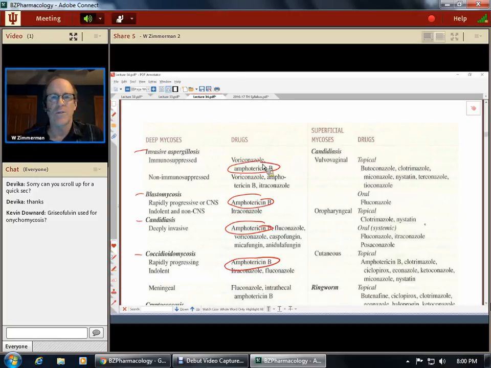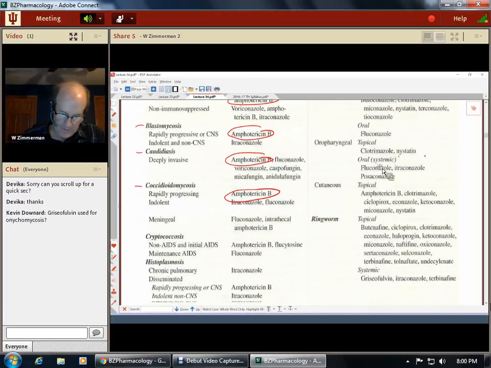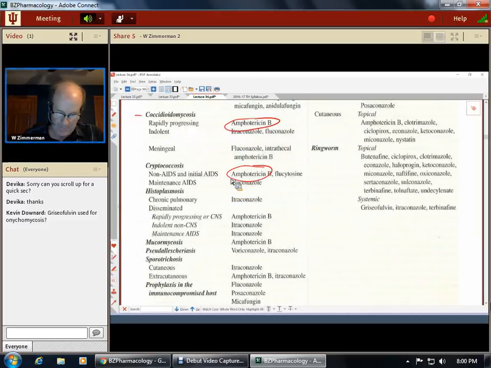It seems to always be in the mix. Even though it's toxic, we would much rather use the voriconazole or the fluconazole or the itraconazole when we can. But quite often, golly, cryptococcus, histoplasmosis that's disseminated and rapidly progressing, we just go straight to amphotericin B.